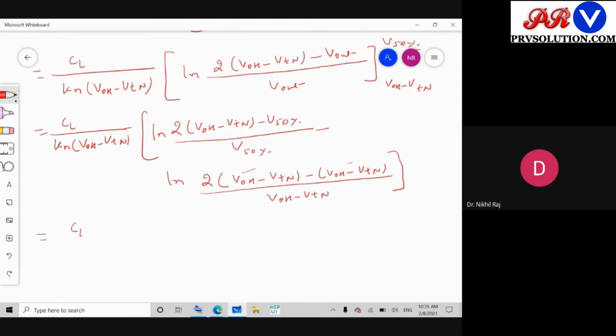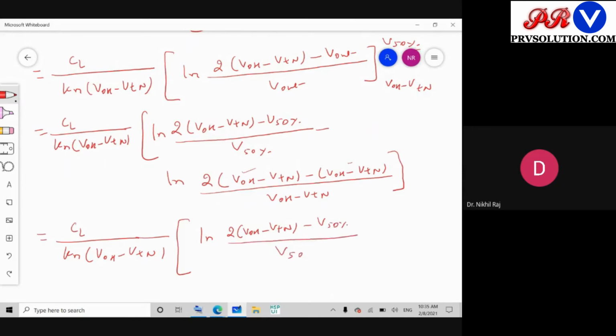And what we'll get here? So we'll get CL by Kn (VOH minus VTN), and here it will be ln of (2 into (VOH minus VTN) minus V50%) divided by V50%, minus, what will happen, this minus and this minus will become minus, and this denominator and numerator will cancel out. So we'll get ln of 1. Okay.